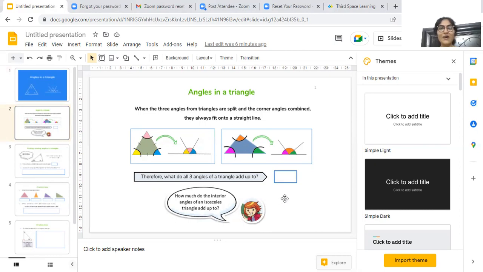All right. So here we are given a girl and she's asking a question. So let's see what the question is. How much do the interior angles of an isosceles triangle add up to? So what's an isosceles triangle?